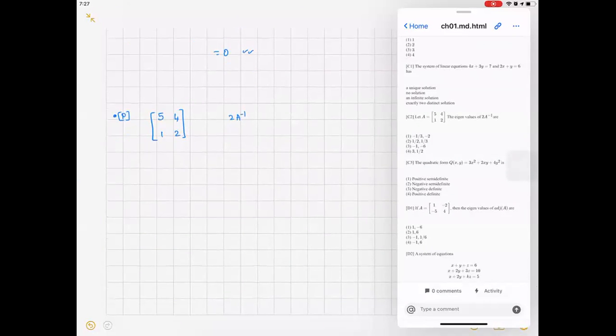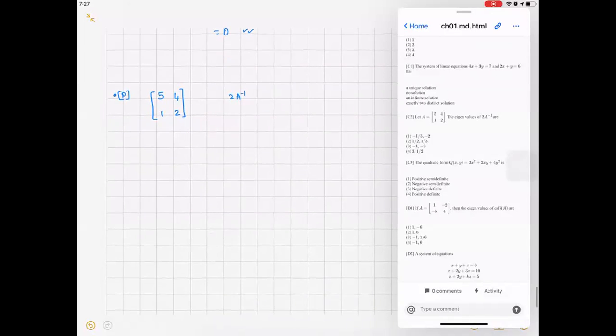So first we need to find the eigenvalues of A. Since this is a 2 cross 2 matrix, we have no problem at all, right?